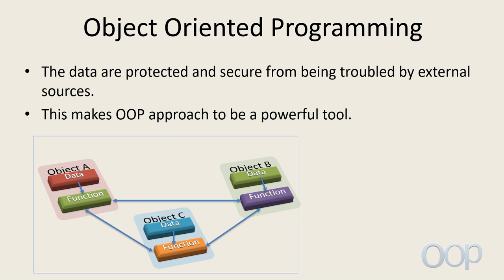Say, for example, if you have a bank account, you can view the general details, not the bank's internal details. That is the security given to your data. Same as when you are using a mobile phone, your data are safe. Data security is there because of this object oriented programming approach.